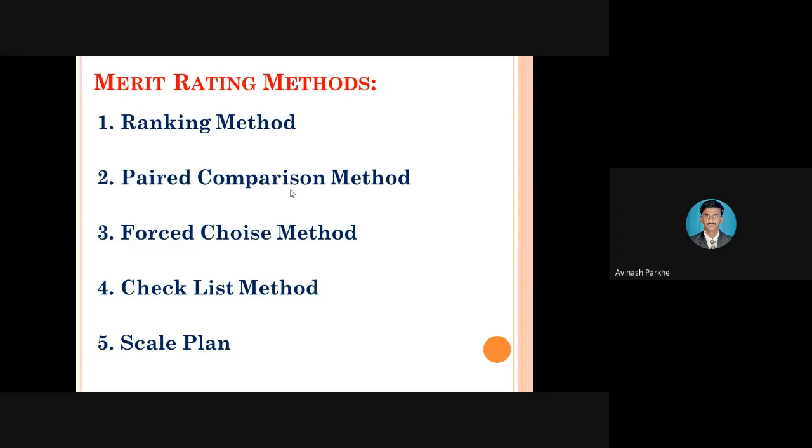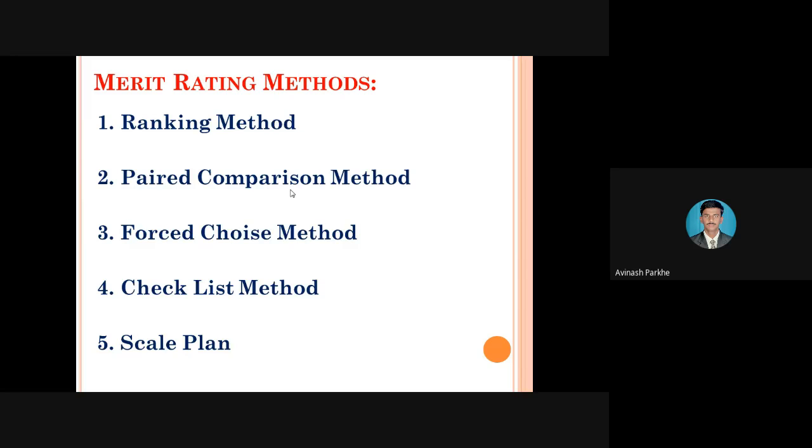This is a good person: good, better, best. Whether he is working in an effective manner, yes, no. Whether he is honest, yes, no. Like that, so many questions are given. Some standard statements are defined, and based on those statements, the performance of the operator is evaluated.